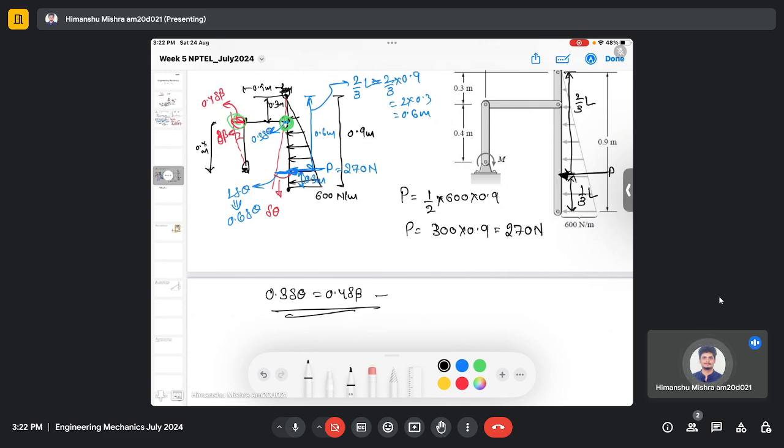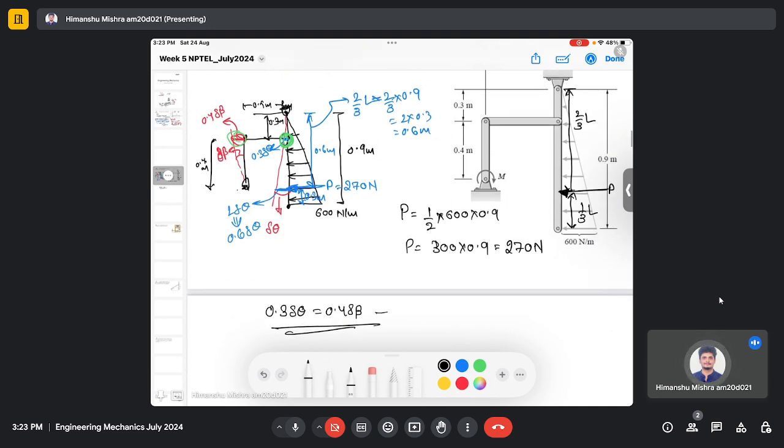So let's write the virtual work from these active forces, and there is a moment as well here, and we need to find this unknown moment. So the active forces are this P, 270 Newton, which is creating the work done, and the other active member is this moment, which is responsible for the work done.